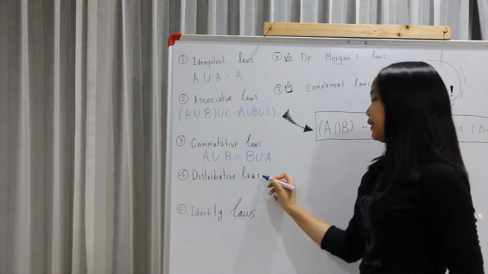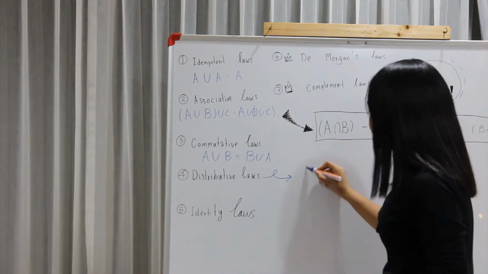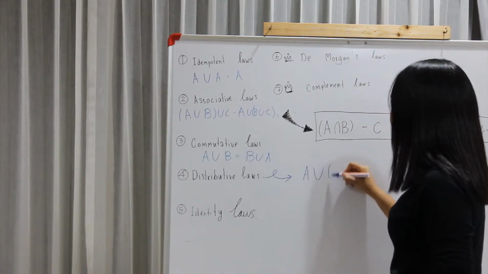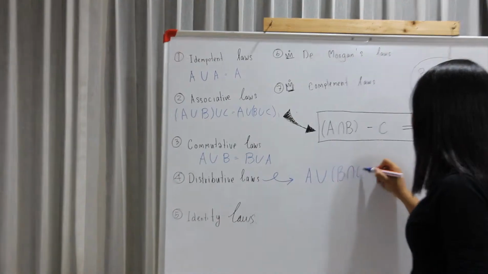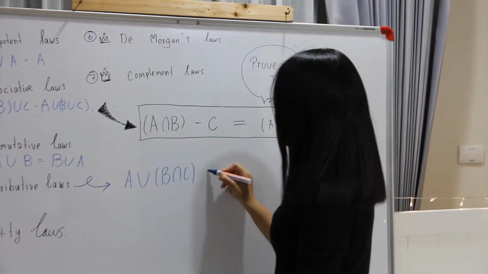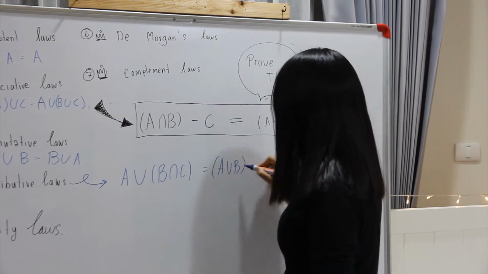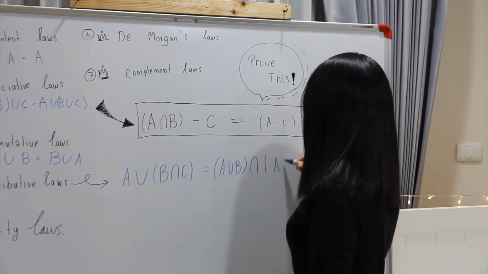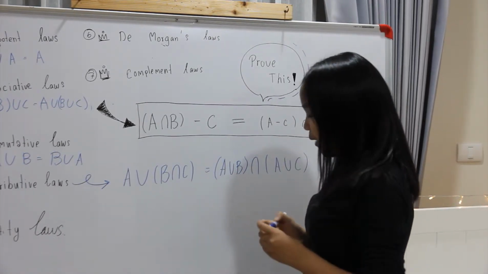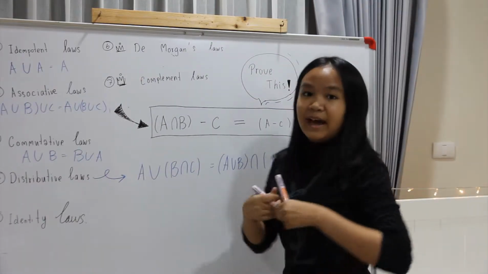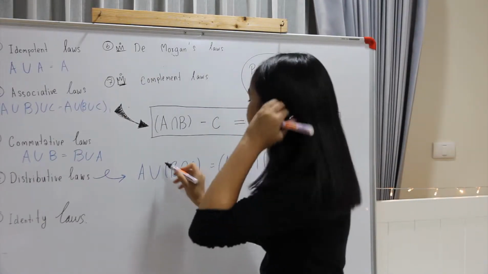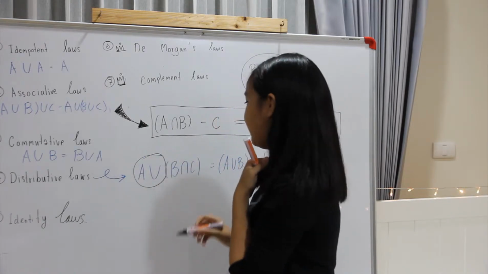Distributive laws. Distributive law is quite tricky. How? Let's see. A union B intersect C will get A union B intersect A union C. How I know? What I do for my trick is I circle this.